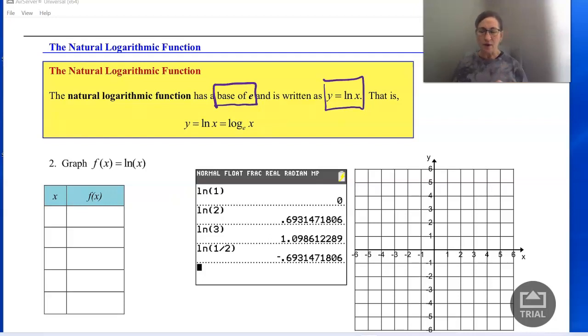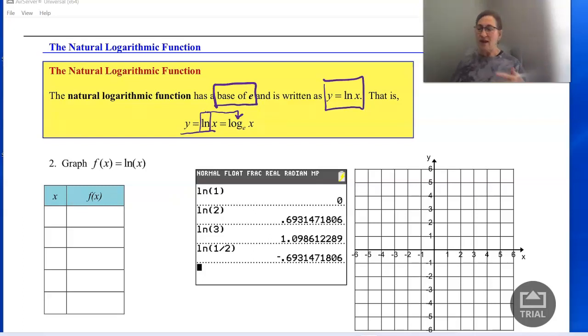What does that mean? Well, we've got y equals natural log x, but if that kind of throws you, and for a lot of people it does, you can substitute for this natural log. You can just put in log base e. It's exactly the same thing. So a natural log is a log. All right?